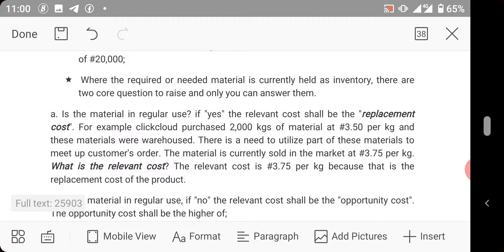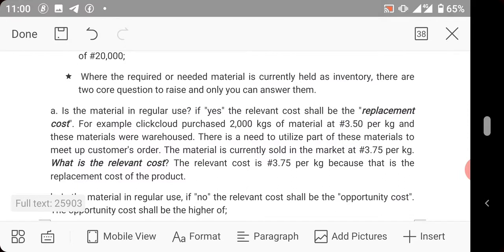I gave an example here, but I will also explain verbally. For example, we produce bread and we have flour in our warehouse, and this flour is in regular use.